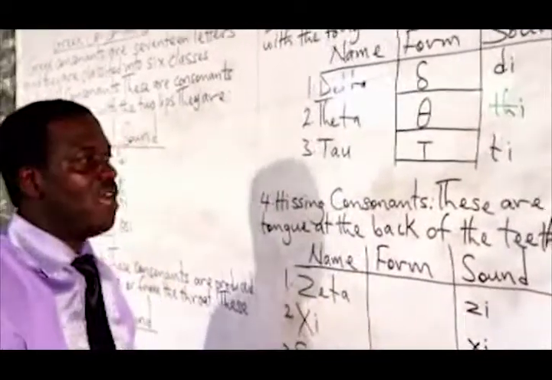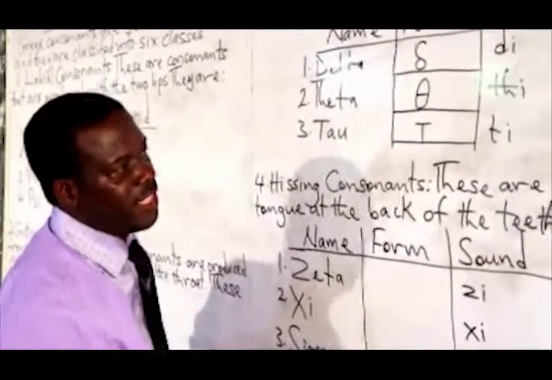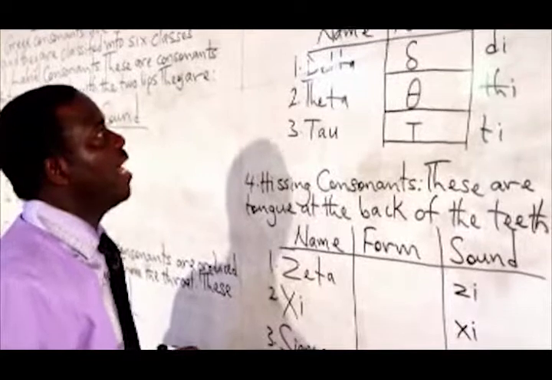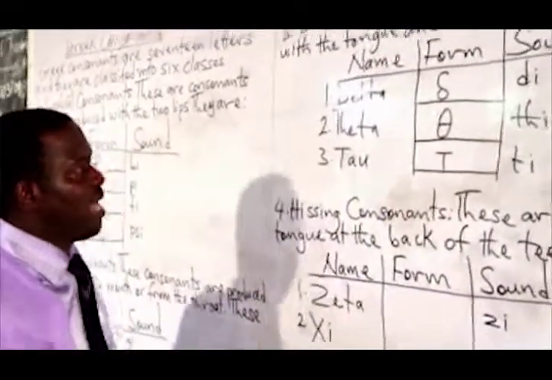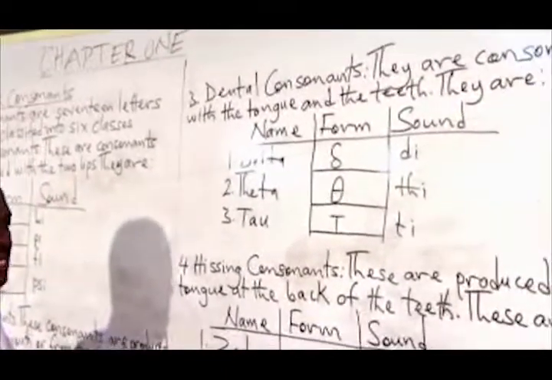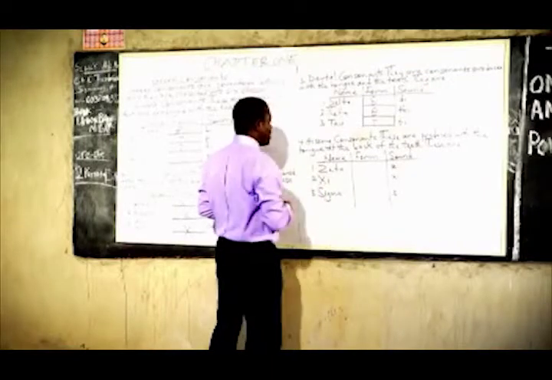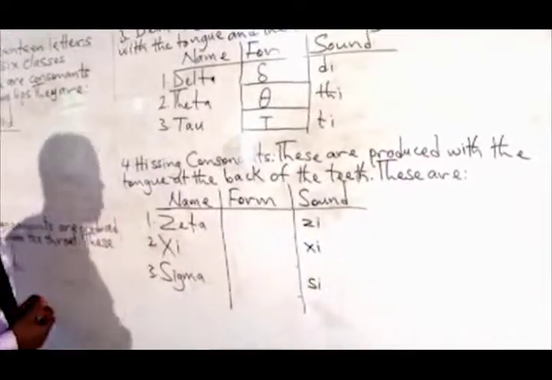Tau sounds as if you are pronouncing the T in ter. So dental consonants are three in number: delta, theta, and tau.